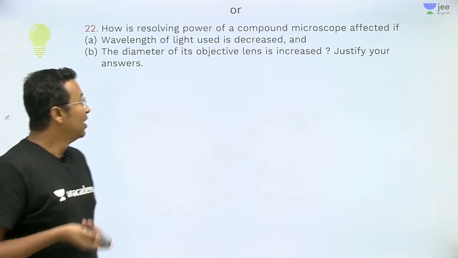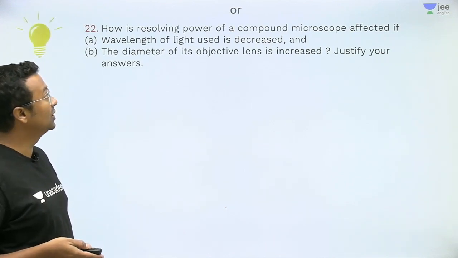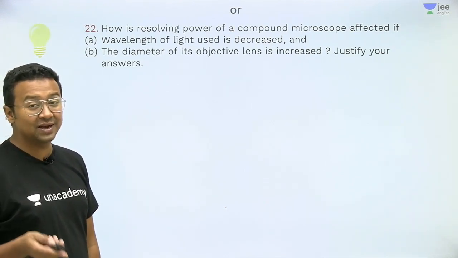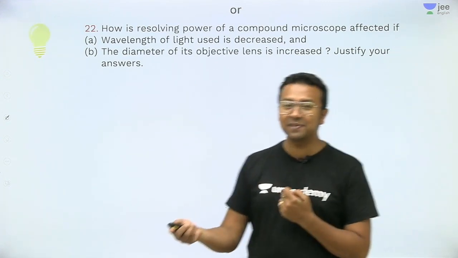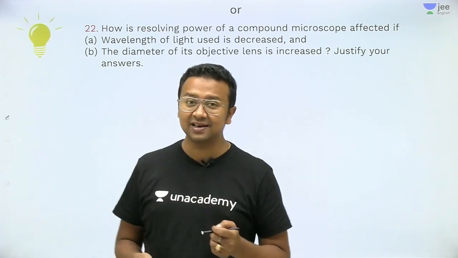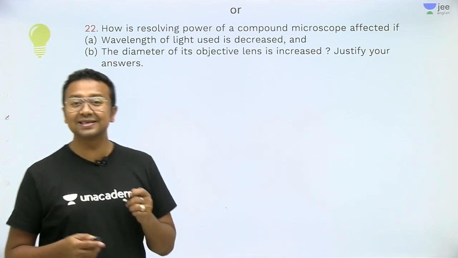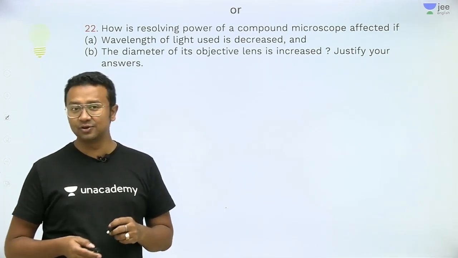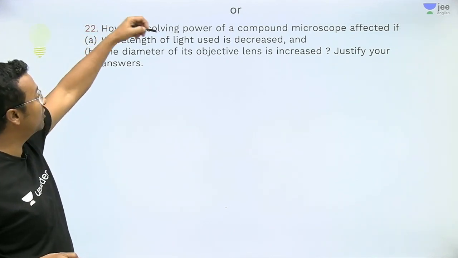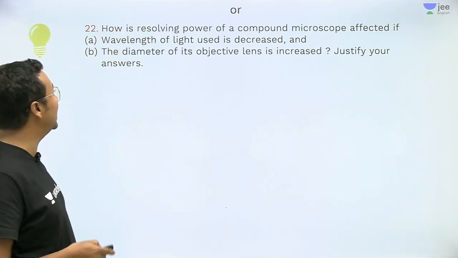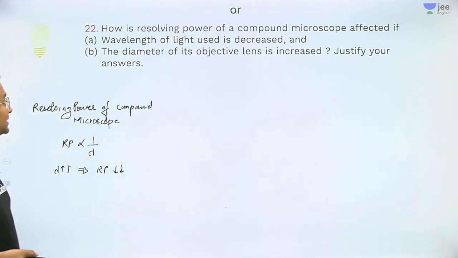Alright. Okay, students. So, this is the last question that we are going to take before the break. And after the break, Indrajit sir is going to be with you discussing the rest of the paper. Fine enough? So, how is the resolving power for a compound microscope affected if the wavelength of the light is decreased?